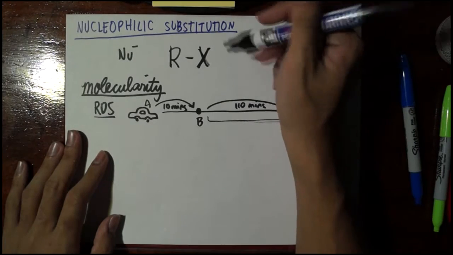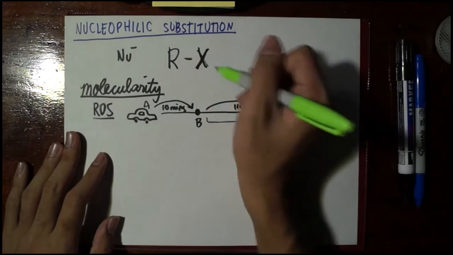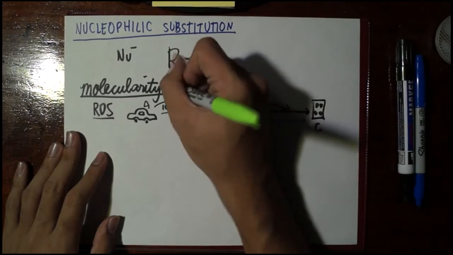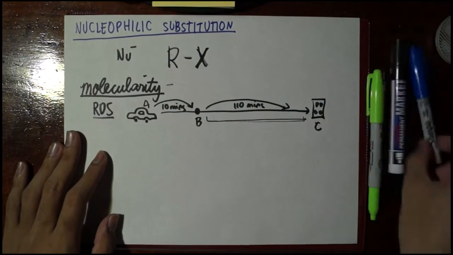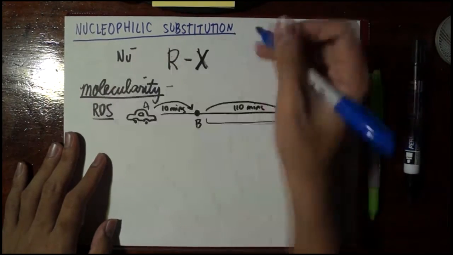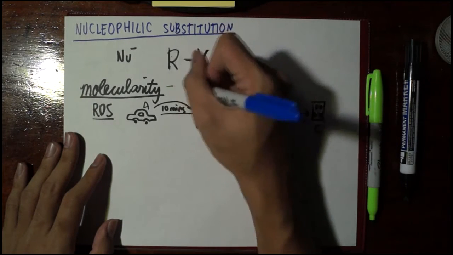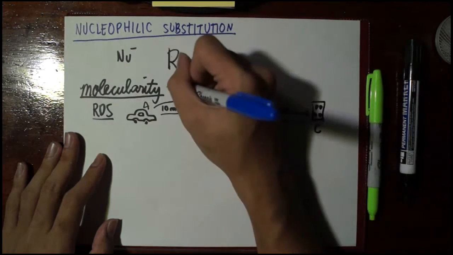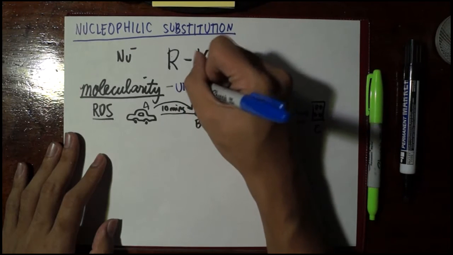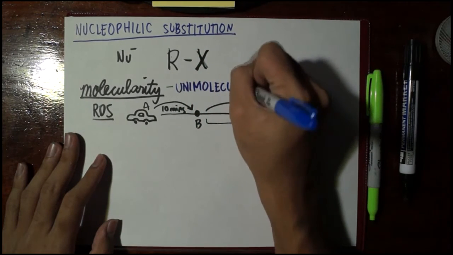For example, I have here Rx and Nu. So we say that this is the first molecule and this is the second molecule. So that means we only have 2 molecules, and we have only 2 options for molecularity in order to determine which participates in the rate determining step. So if we have 1 molecule that participates in the rate determining step, well, that is unimolecular.